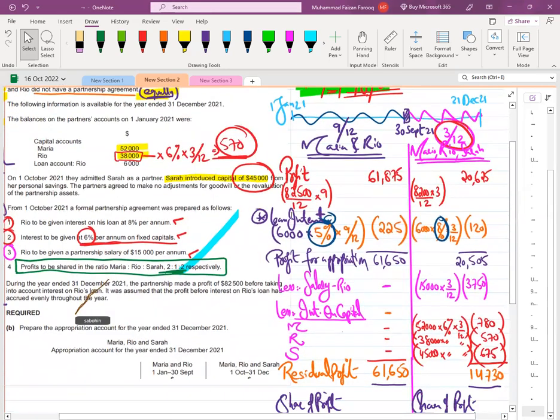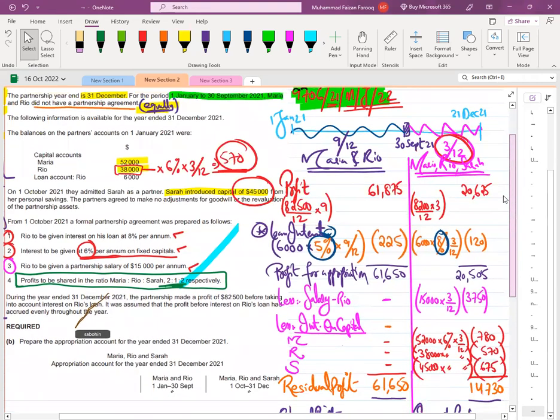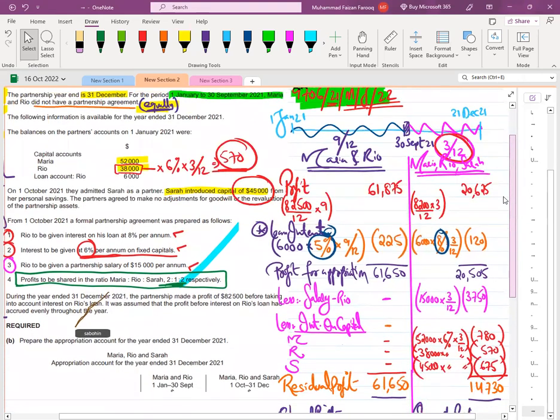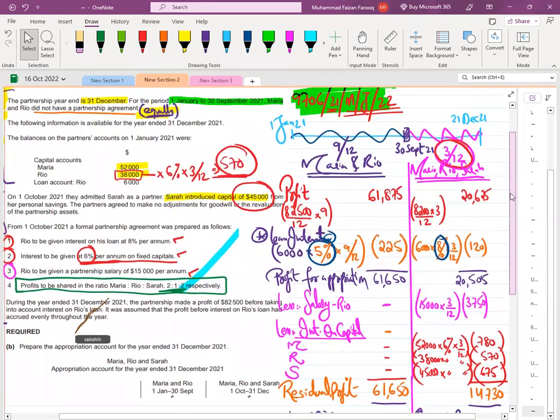You guys must redo this question, because this question is as per the new syllabus scheme, which is examinable in the May-June 23 attempt and onwards. Students must redo this question.